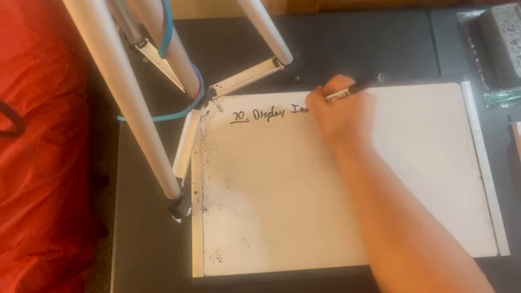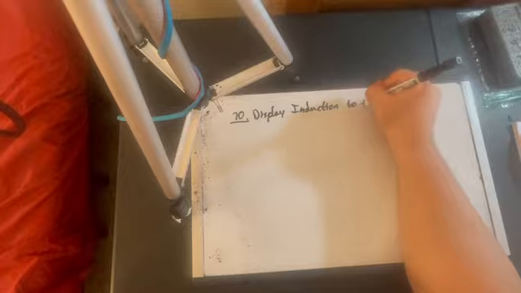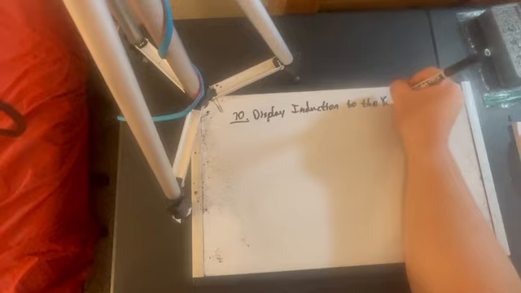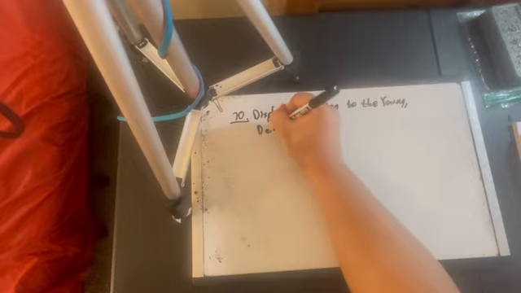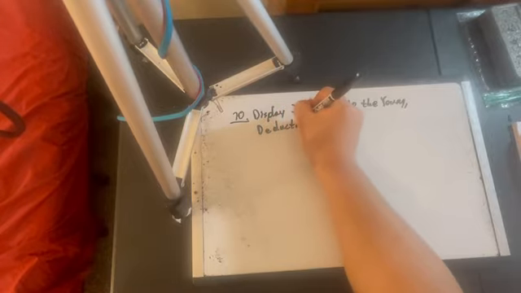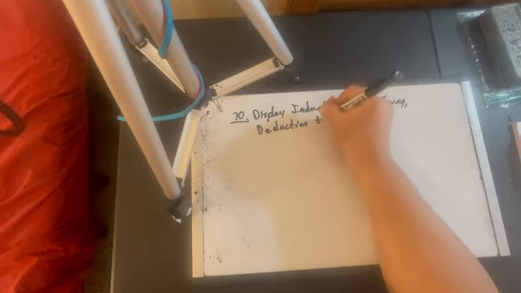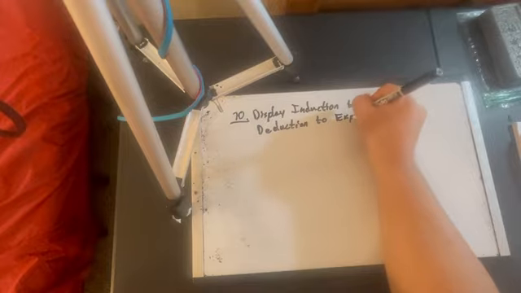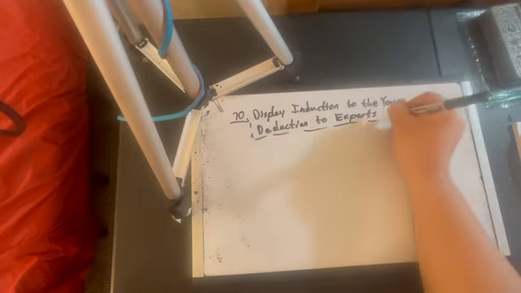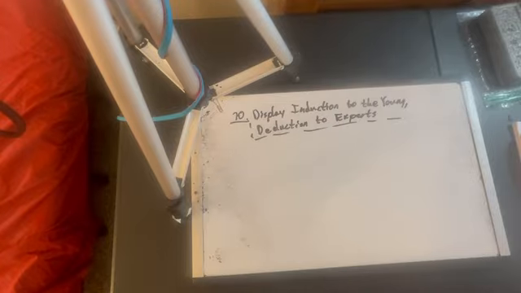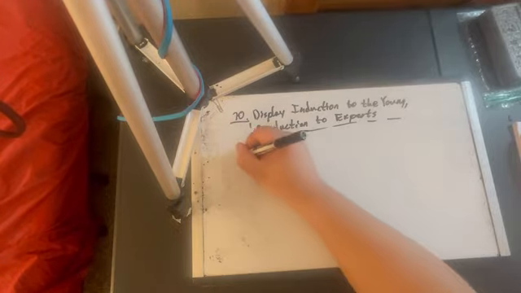Display induction to the young, deduction to experts. Aristotle recommends displaying inductive reasoning against a young person and deductive reasoning against an expert, right?